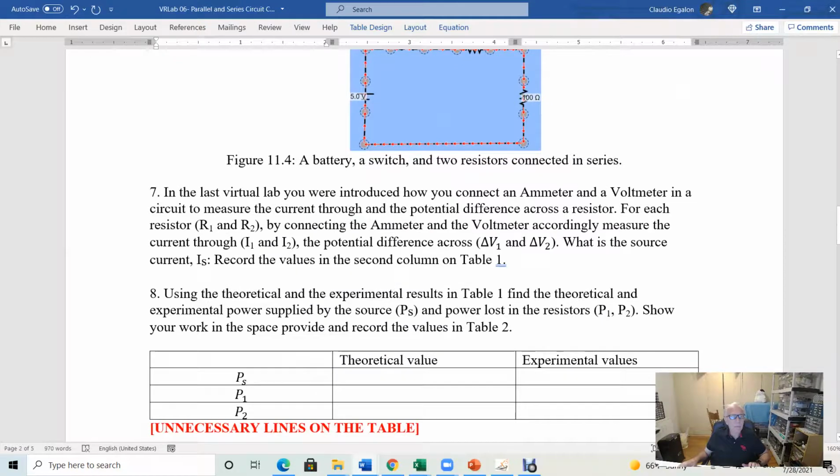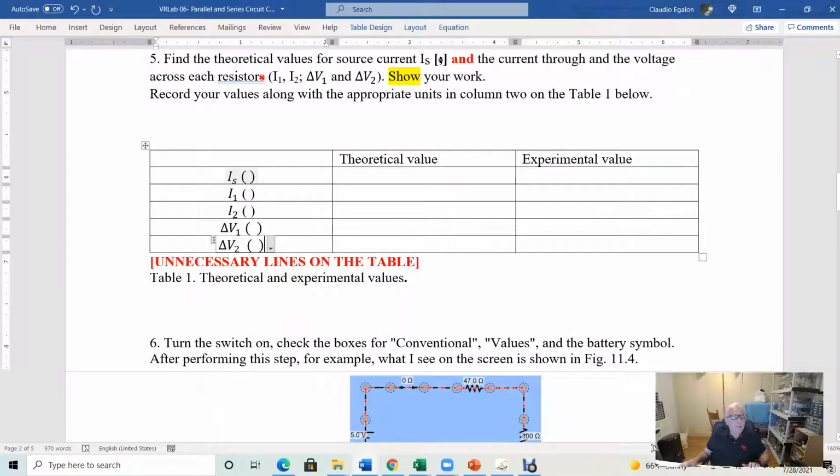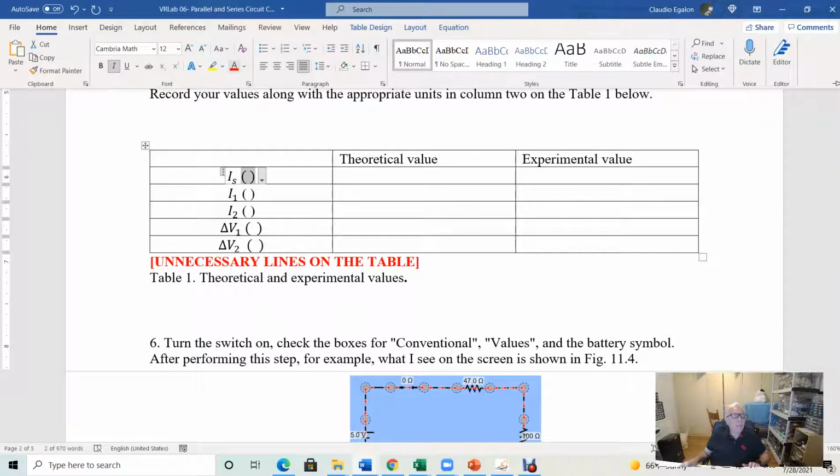You do the same here. And I'm going to put it even in red, boldface red, so you know it's something that's supposed to be there, but it's not.